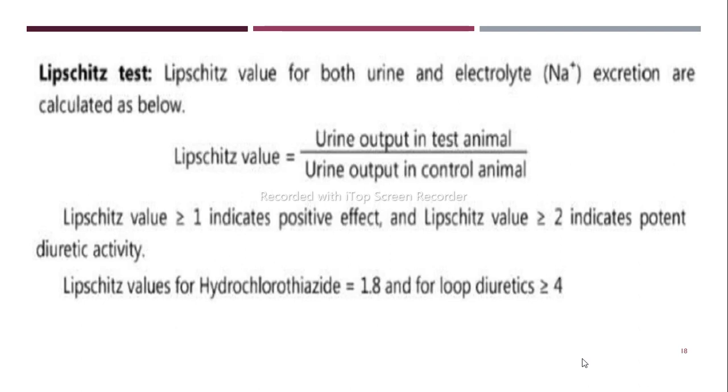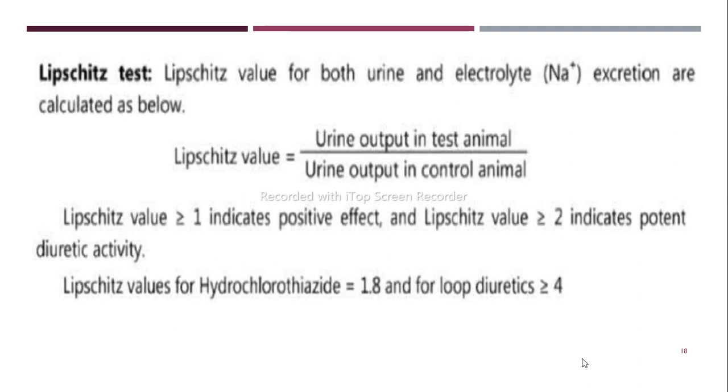The Lipschitz value for hydrochlorothiazide is 1.8, and for the loop diuretics it is greater than or equal to 4. Okay, so understand, that's why the loop diuretics are called the potent diuretics.